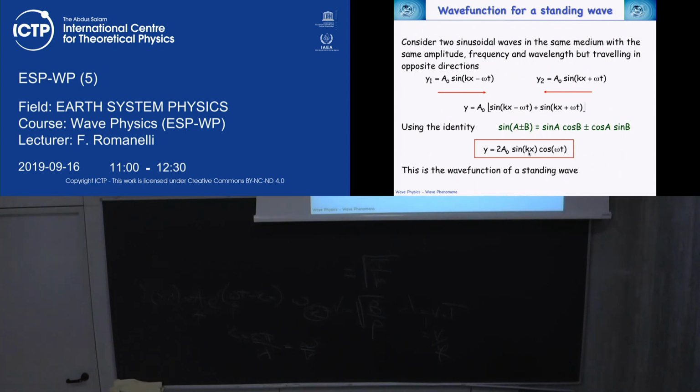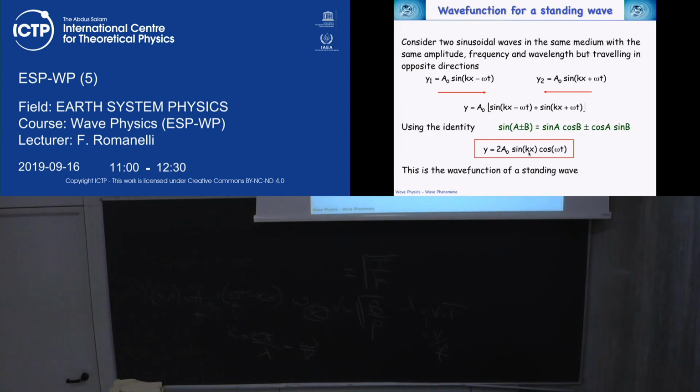Antinodes, nodes. But what is important is that the total flux, lateral flux of energy, is zero. Because part of it is going this direction, part of it is going this direction, it's zero. Energy is localized. It's not progressive. Okay?